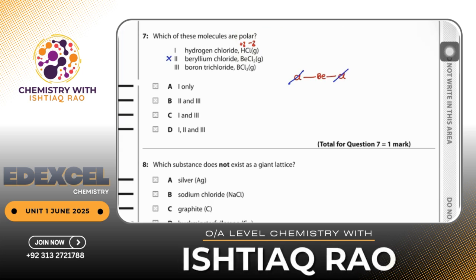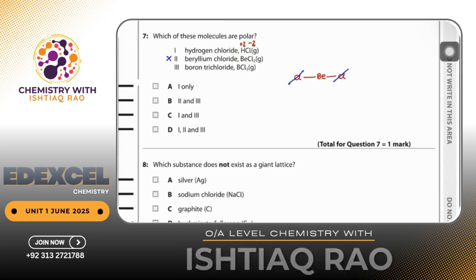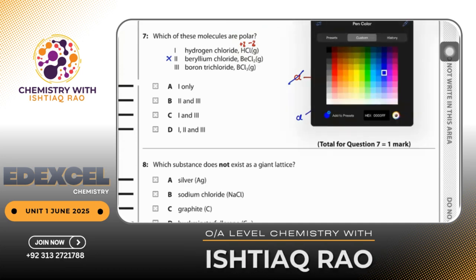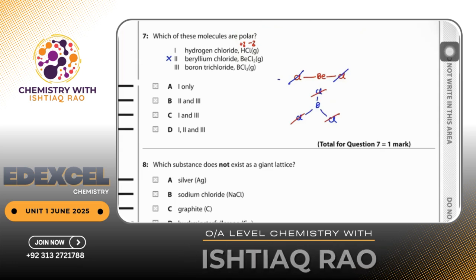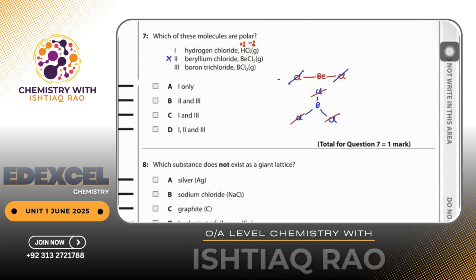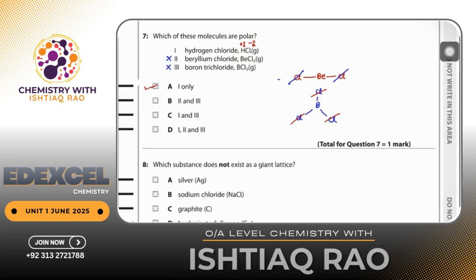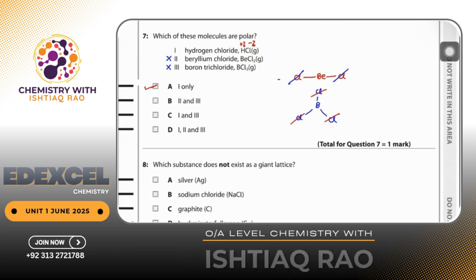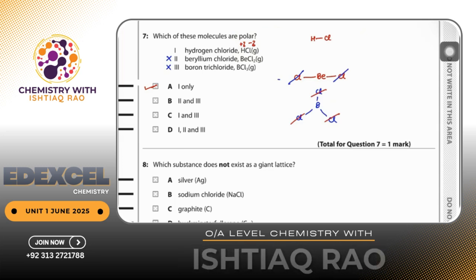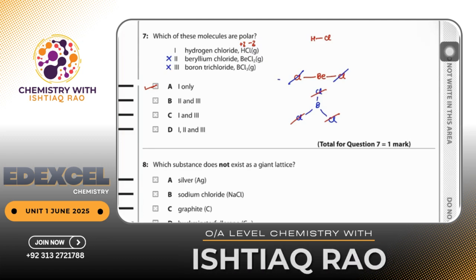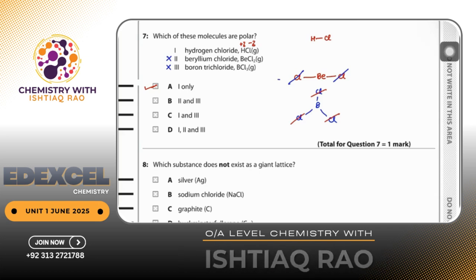What about boron chloride? Again, it's a symmetrical structure. The dipoles are going to cancel each other, so it's also non-polar. Therefore only A is correct, because A is the one which is polar. In HCl we have two different elements and the dipoles are not going to cancel each other. Chlorine is more electronegative, hydrogen is less electronegative, and due to the difference in electronegativities they are going to have a charge.